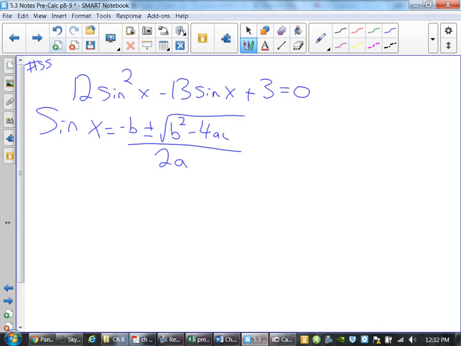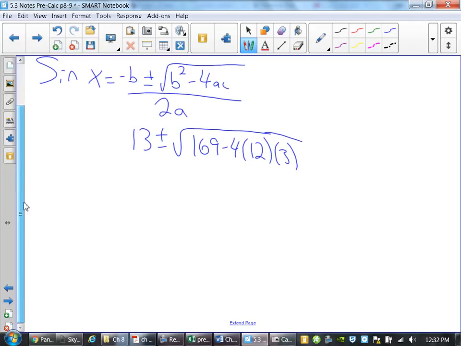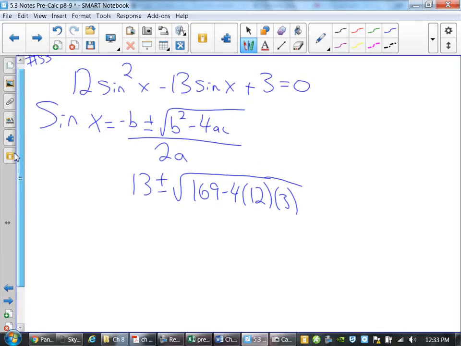So you solve through the quadratic formula. What's the opposite of negative 13? What's 13 squared? 169. What's 4 times 3? 12. What's 12 times 12?